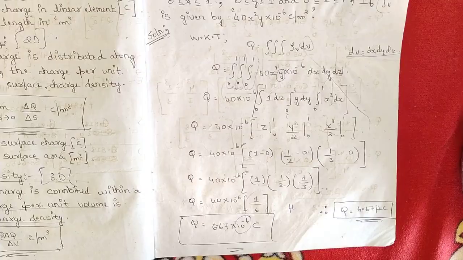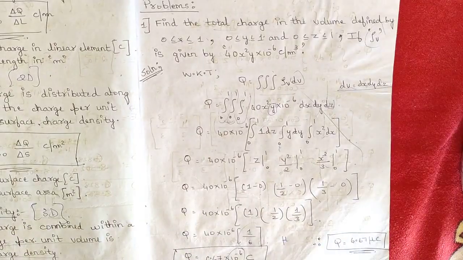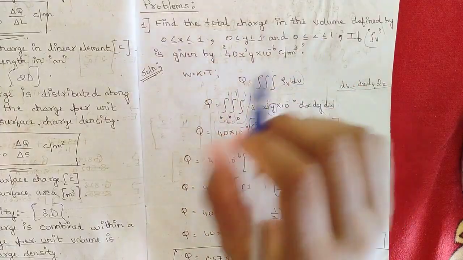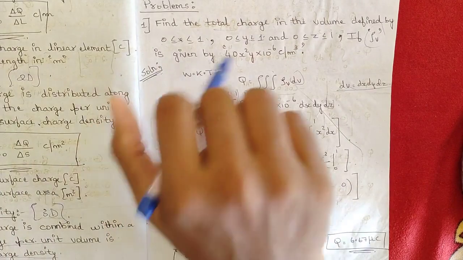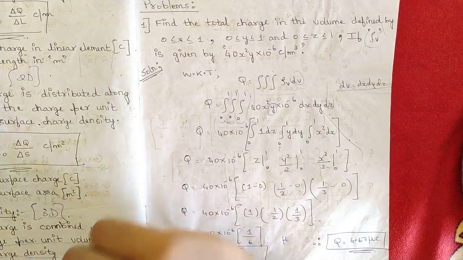Okay, so this was one simple problem in terms of the rectangular coordinates, that is x, y, z. But sometimes they won't mention only rectangular coordinates. They would mention other coordinates, that is cylindrical coordinates or spherical coordinates.